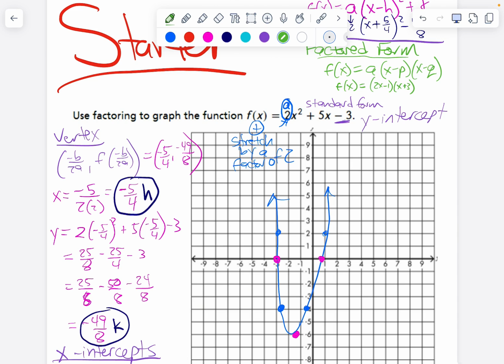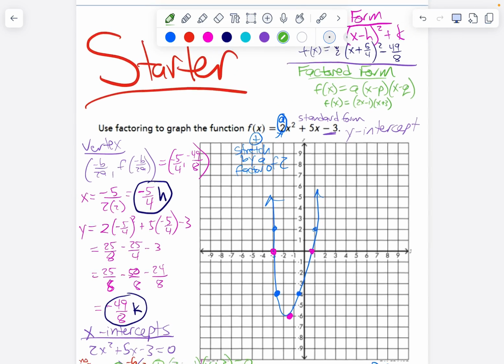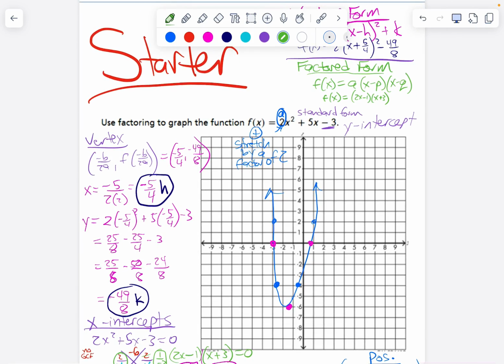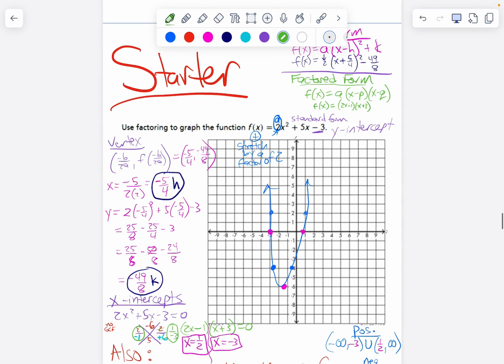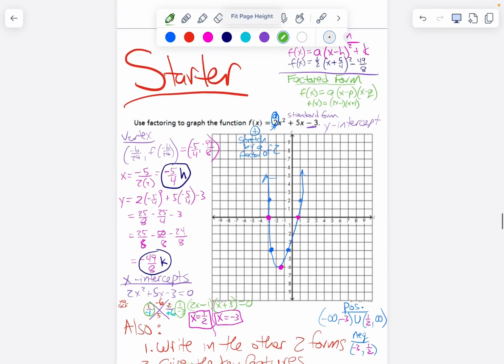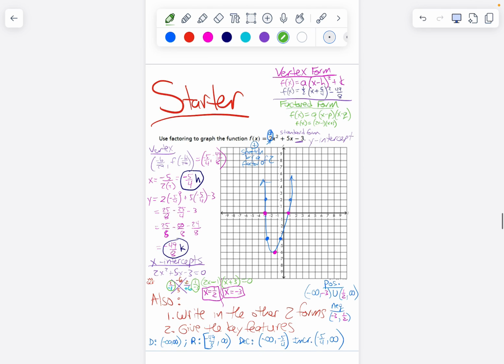Okay. Basically, that covers the entirety of what we've done in this unit so far. The only difference that you might get is instead of being given standard form, maybe I give you factored form and ask you to convert to the other types and graph and find your key features.